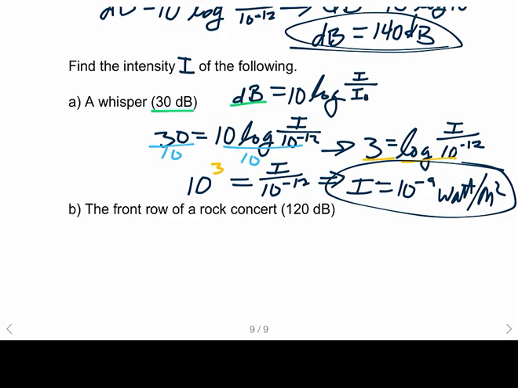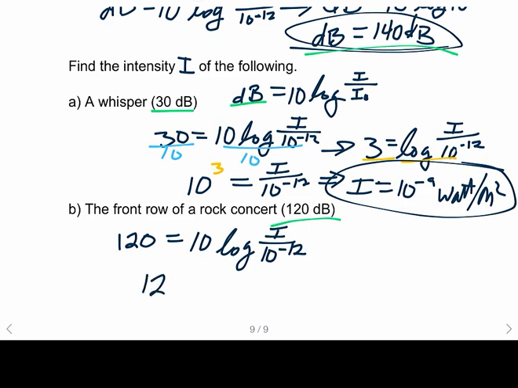Last, the front row of a rock concert is given to be 120 decibels, which you may note is pretty darn close to the threshold of pain. So we're going to put 120 in place of the decibel portion. That's equal to 10 times the log of I divided by 10 to the negative 12. It's the same process that we just went through.